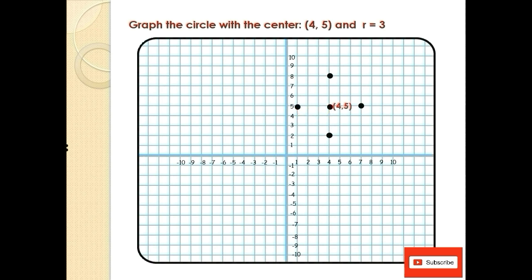Connect all the dots. Okay, we're done. We now have our circle with center 4 and 5 and with radius of 3 units. Let us now have our last example.